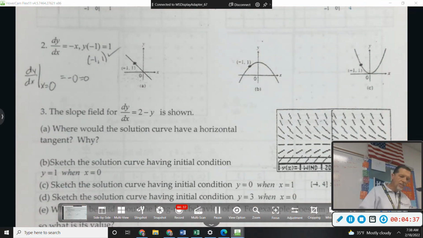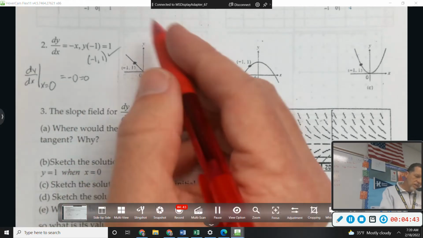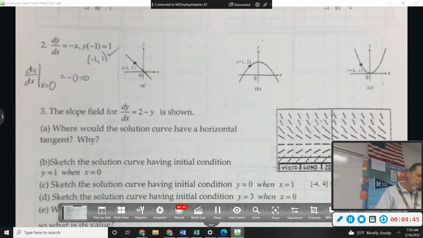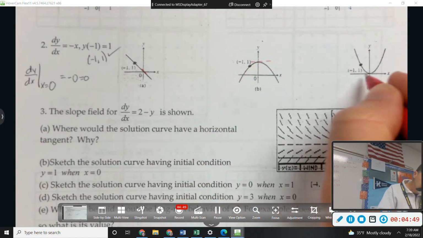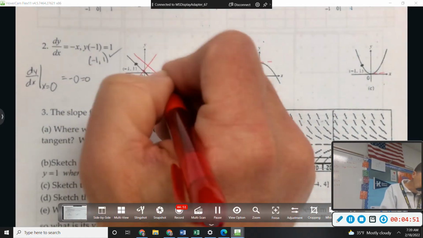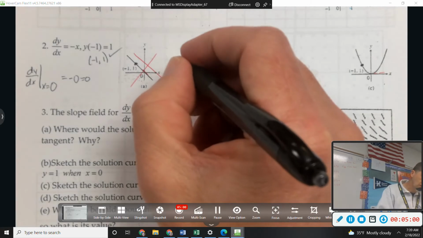So at x equals 0, which of those graphs have a slope of 0? A and C. Okay, so A's out. It does not have a slope of 0 at 0. So I've got it narrowed down, but I need to check somewhere else.